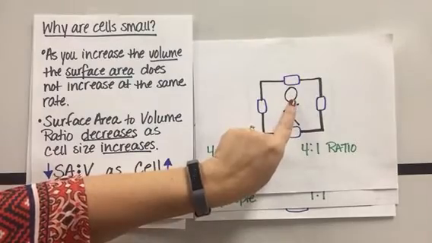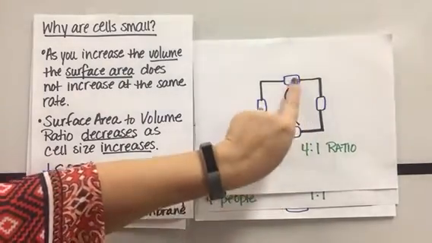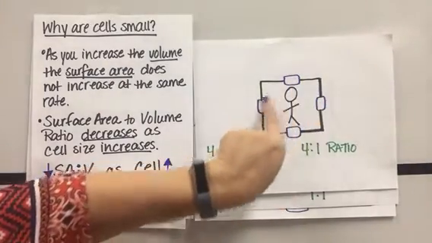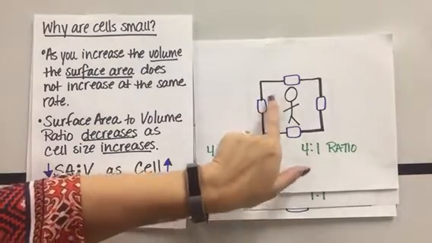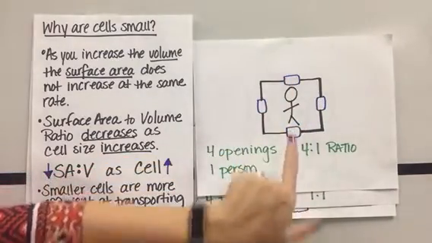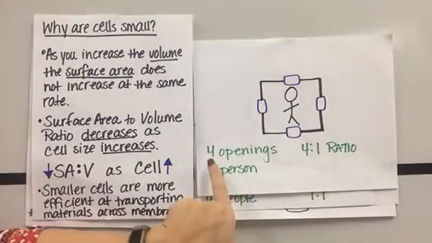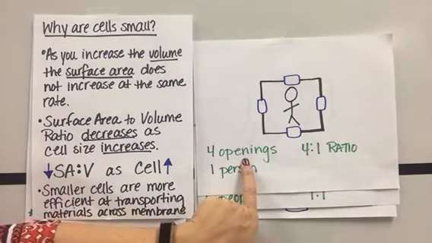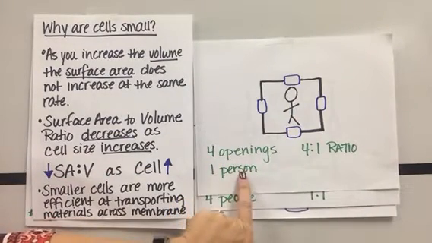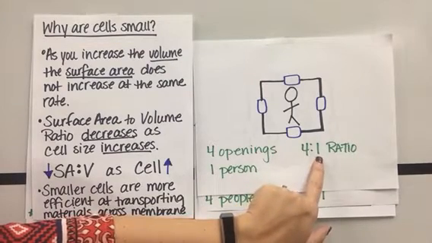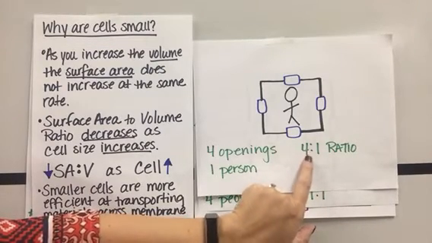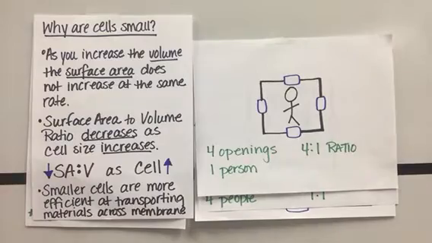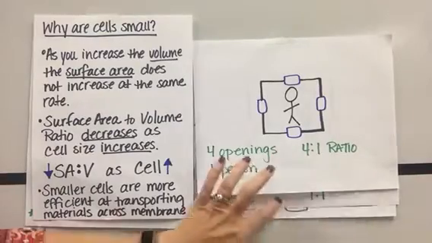The volume can hold one person, and the surface area is the membrane. And so this is where the trash can is going to be located. For this particular setup, we have 4 openings, or we can say we have 4 trash cans, and we only have one person. So for every one person, you have 4 trash cans where we can deposit some waste.